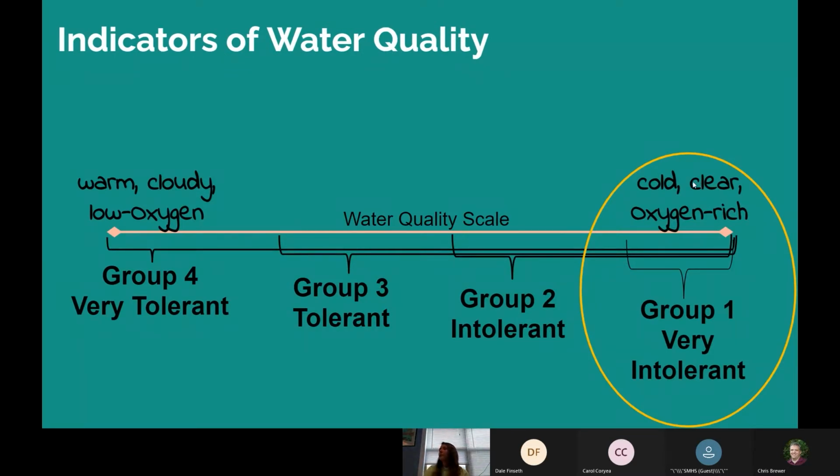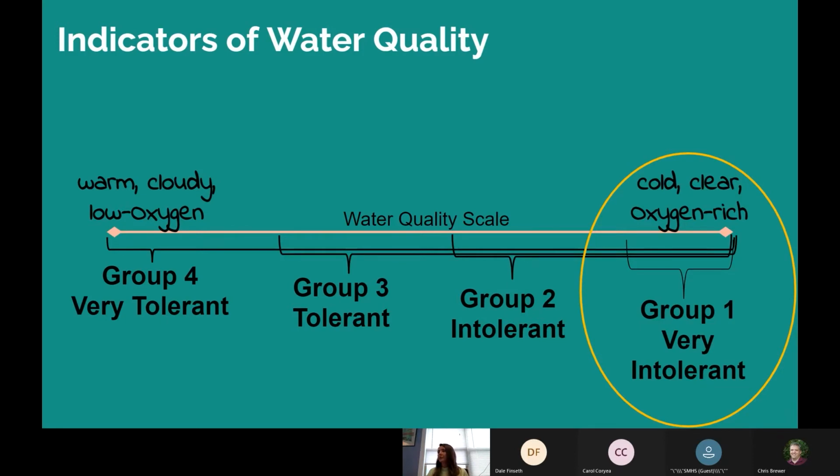So these bugs are important to tell us about water quality because some of them are really, really sensitive to pollution, where some of them can live anywhere. They're very tolerant to pollution. They don't care if it's horribly polluted or incredibly clean. They'll be found anywhere.